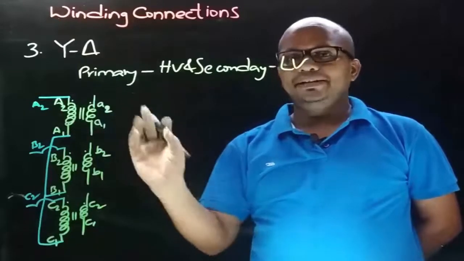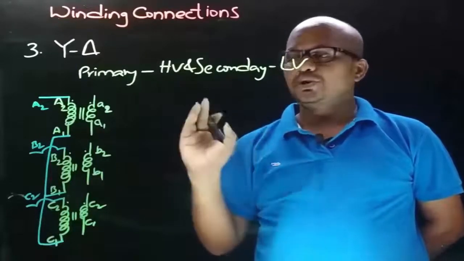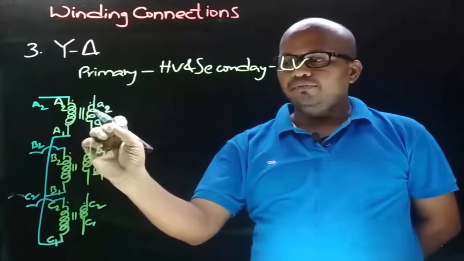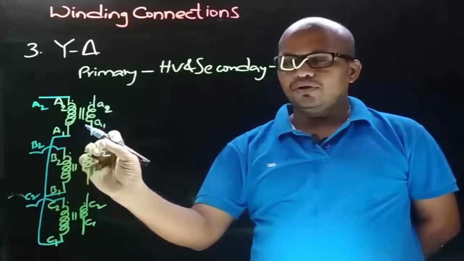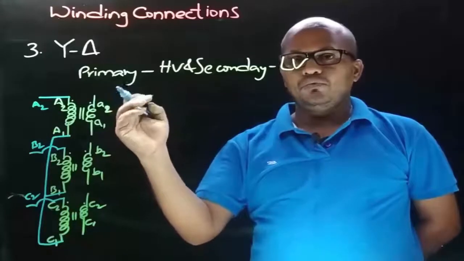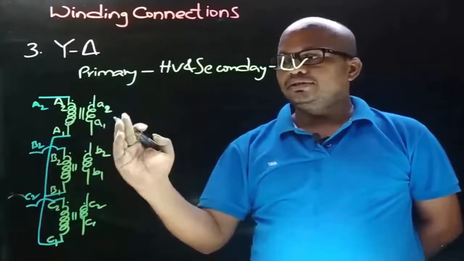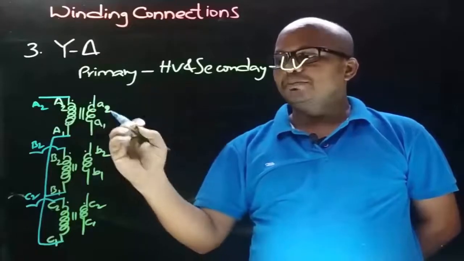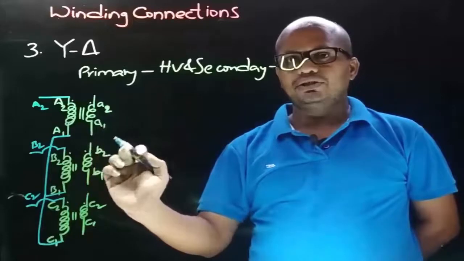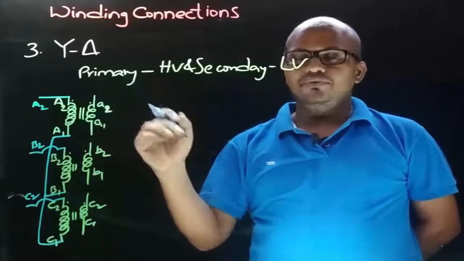Now let's obtain the delta connection on secondary side. So delta connection is obtained by joining the non-dot end terminal of one coil with the dot end terminal of other coil, or by connecting the dot end terminal of one coil with non-dot end of other coil. That is, we can obtain the delta connection by joining the finishing end of one coil with starting end of other coil, or by joining the starting end of one coil with finishing end of other coil.